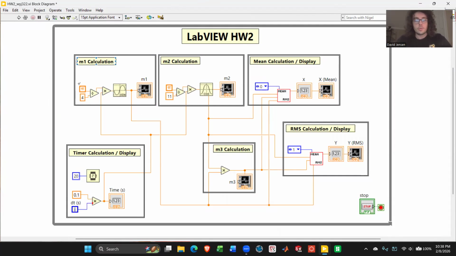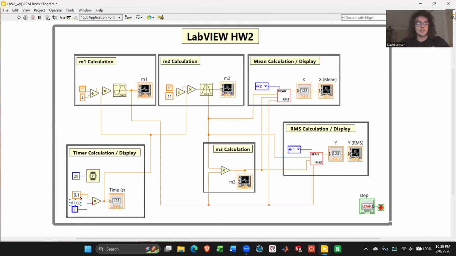So quickly walking through the block diagram, actually we'll start down here with our timer since our functions are dependent on this. Our timer takes the iteration counter and multiplies it with a time step constant, which here we just chose 0.1, but this can be anything you want for either higher or lower resolution.